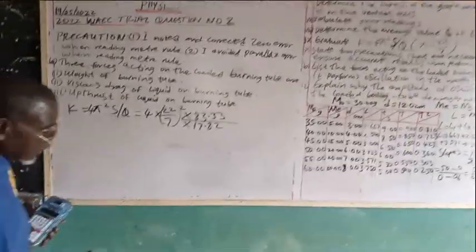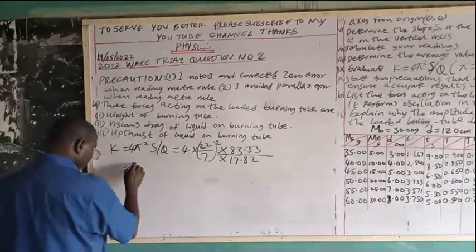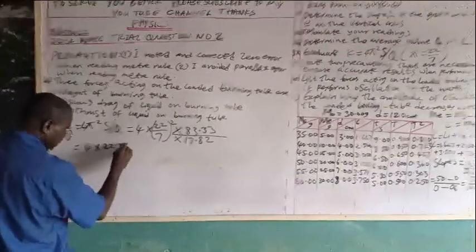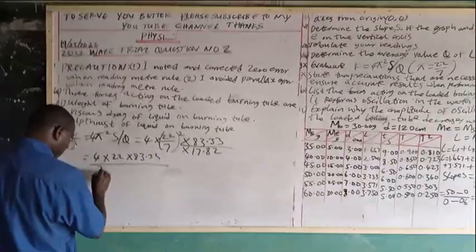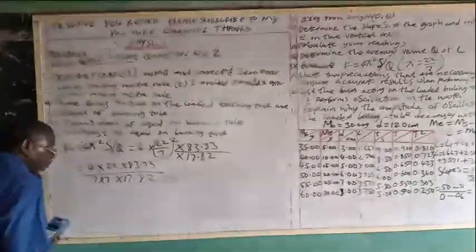That is the average of L. So this one will now give us 4 times 22 times 22 times 83.3 over 7 times 7 times 17.82.